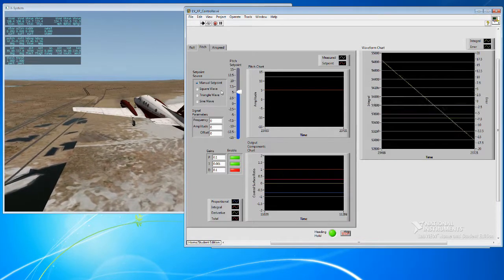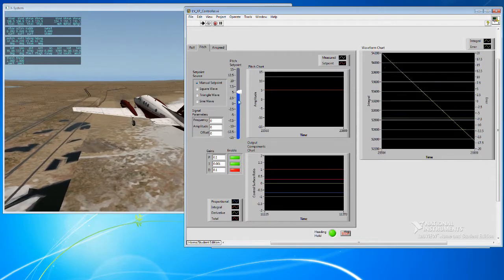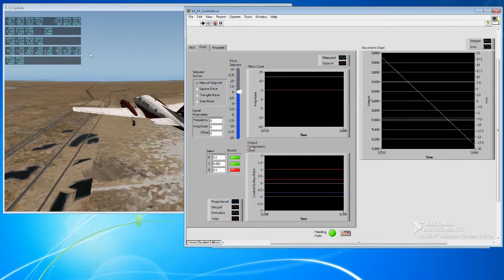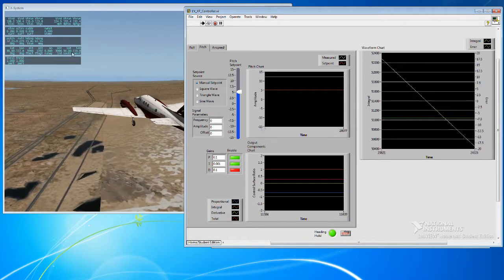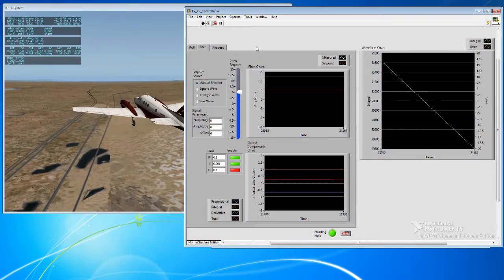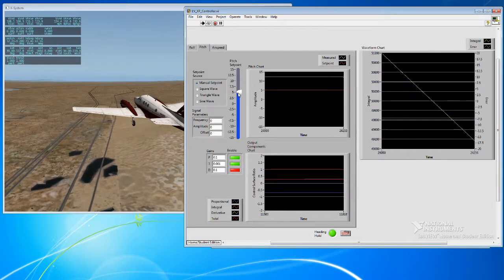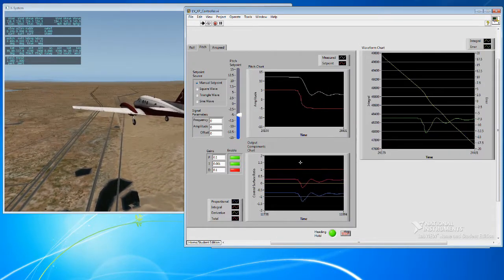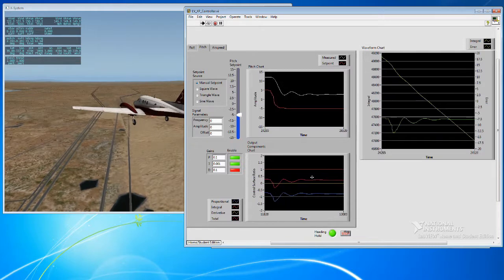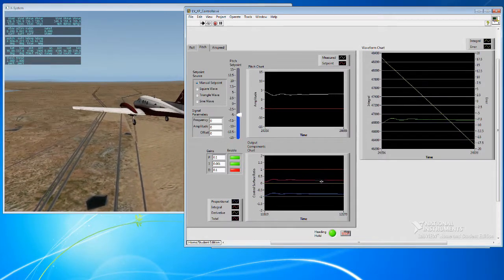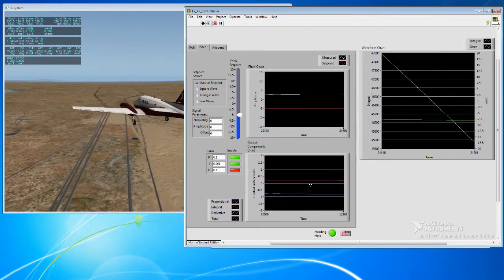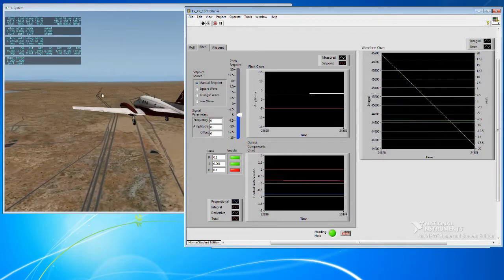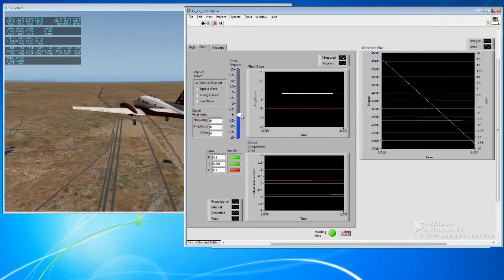What you should note too is that even though our set point is 5 degrees, the combination of all these control outputs has us sitting at just over 12 degrees of pitch. So the system doesn't work perfectly, and if we were to try and hold -5 degrees, because our integral output is still here and our total control output is still going to be positive, we're still going to maintain positive 3 degrees of pitch at the moment, even though we're trying to get to -5.